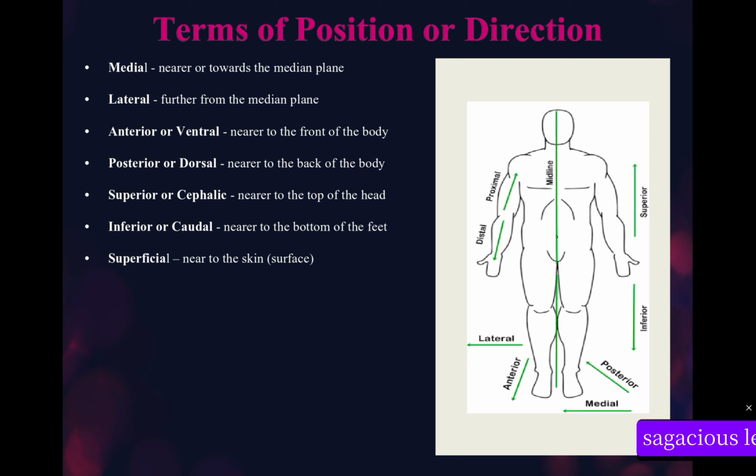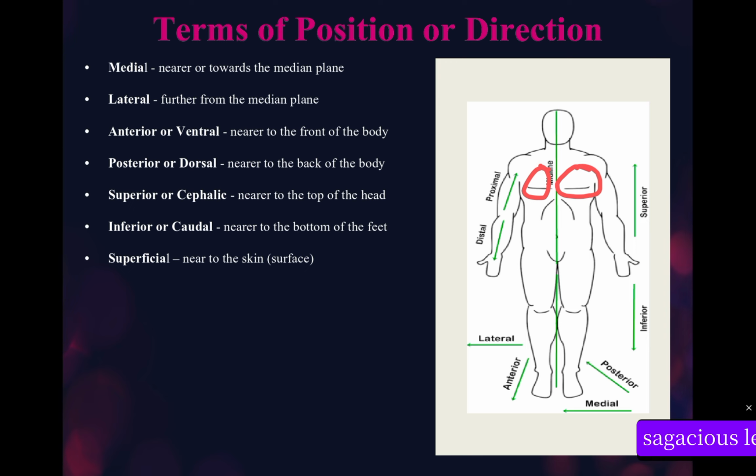So here is my pectoral region. Those areas in which the breast is located, both the female and the male breast, that's what's called the pectoral region. In this pectoral region, it is more superficial. It is superficial because it's located at the surface of the skin.